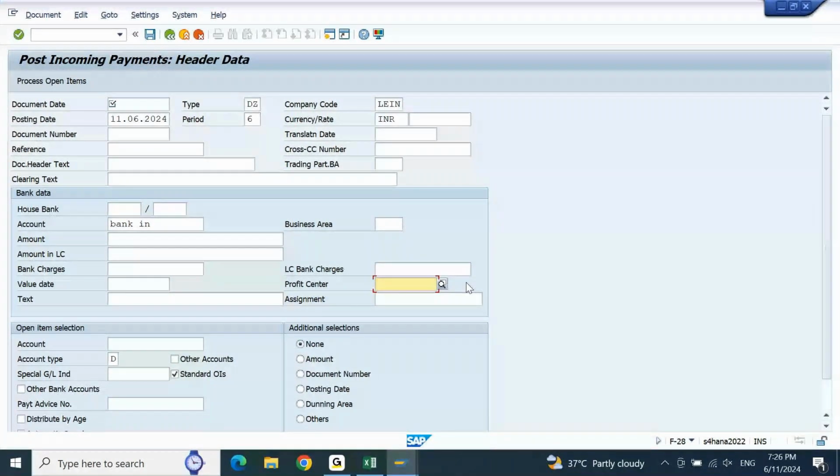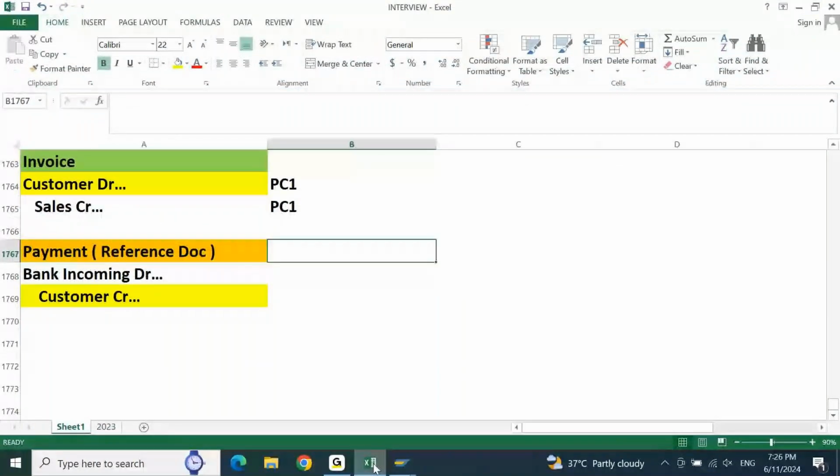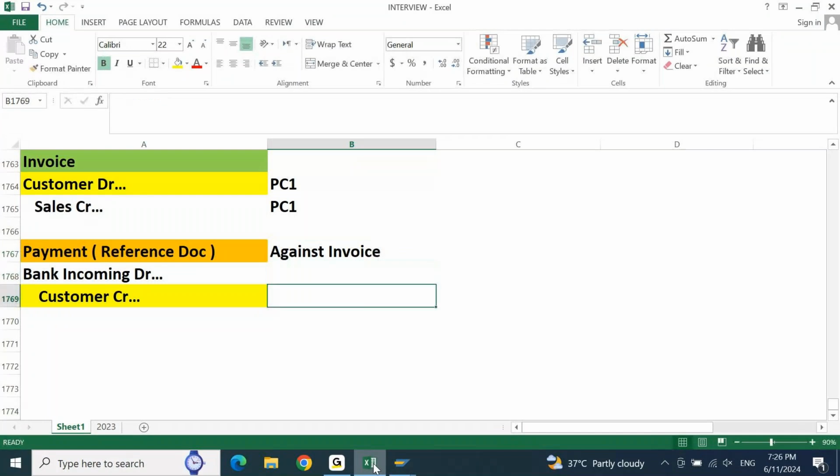In short, when you're talking about payment, if it is against an invoice, the customer account will have PC1 and this is NA. Agree?